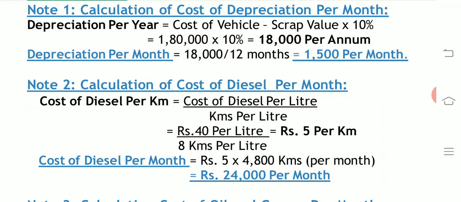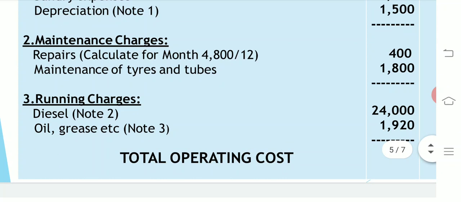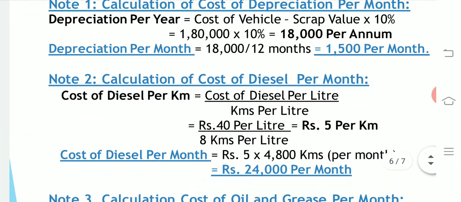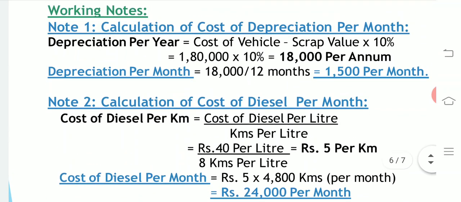Cost of diesel per liter is 40 and kilometers run per liter is 8. So 40 rupees divided by 8 is rupees 5 per kilometer. Then 5 into 4,800 kilometers per month is 24,000 per month cost of diesel.